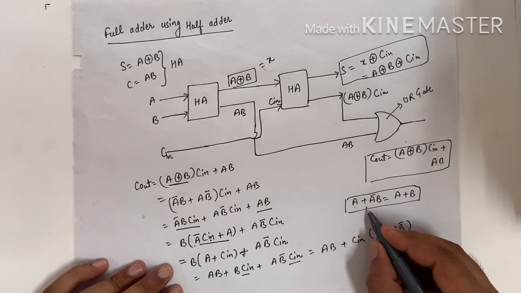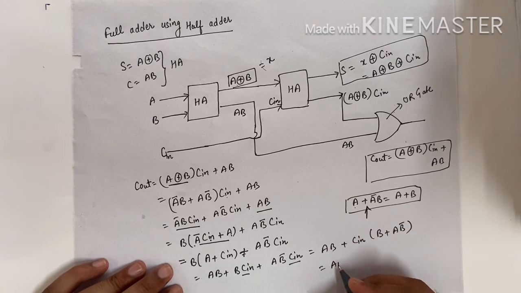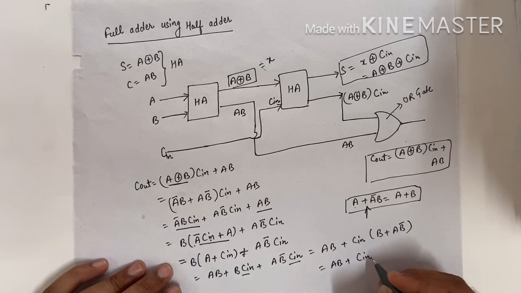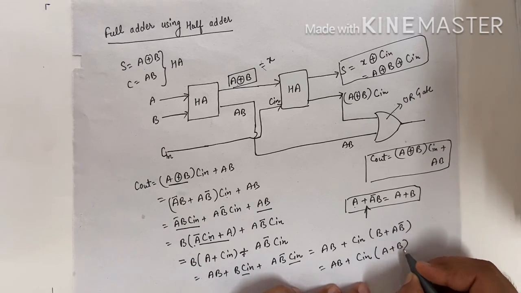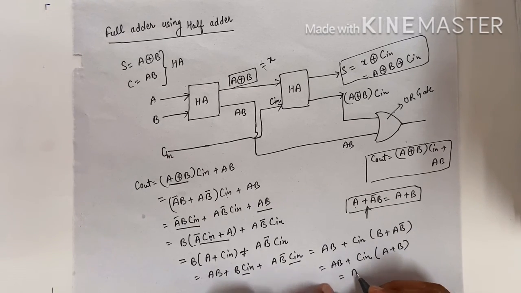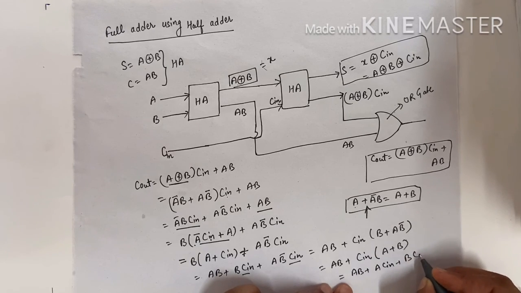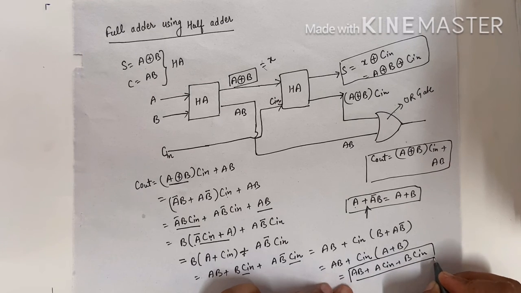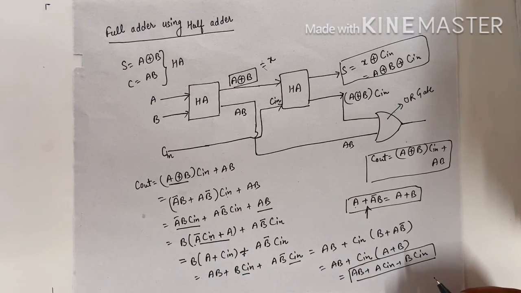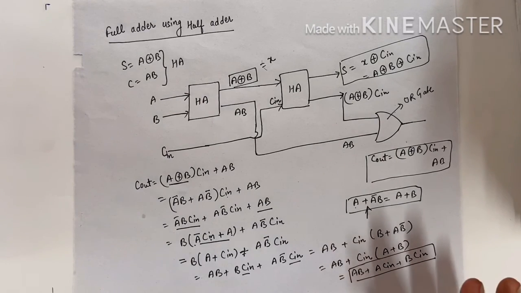Now again apply this property here, AB plus C input times A plus B. Then again multiplying, AB plus A C input plus B C input. So in this way we can see that this is the result of full adder, which is the same in this condition also. So in this way we can design a full adder using half adder condition.